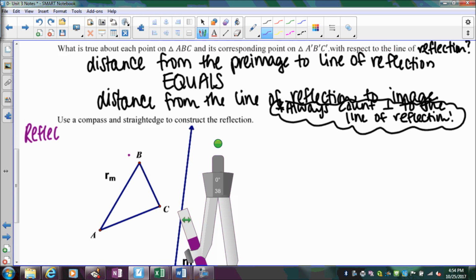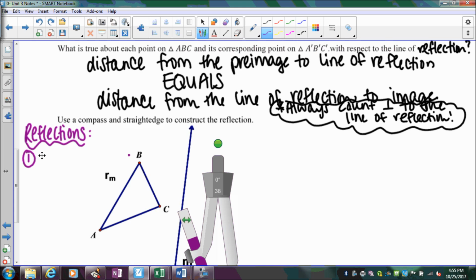So reflections. The two things we have to keep in mind is we have to copy the distance, right? So the pre-image to the line of reflection is the same on both sides, and when we are counting that distance to get to B prime, we have to make sure that we're always perpendicular to that line of reflection.